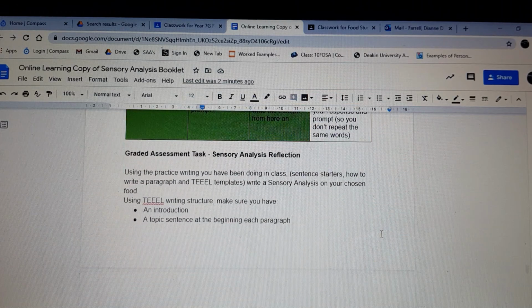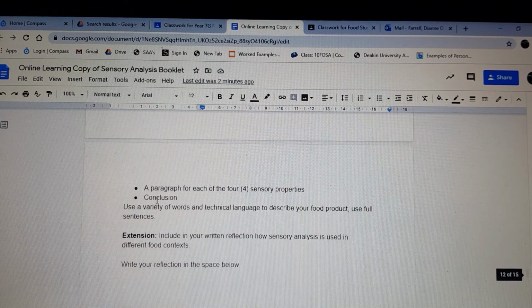The graded assessment task, okay, is this whole booklet, and a lot of your marks come from this final written task. So you will need to make sure you follow the teal writing structure. You'll need to have an introduction, a topic sentence at the beginning of each paragraph, a paragraph for each of the 4 sensory properties.